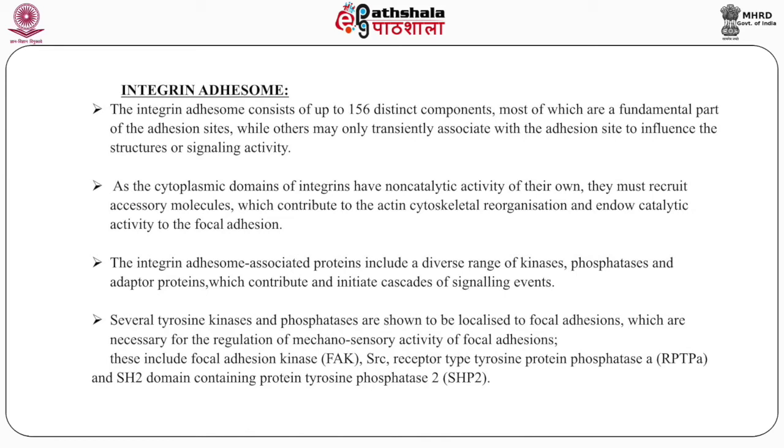The integrin adhesome associated proteins include a diverse range of kinases, phosphatases and adapter proteins which contribute and initiate cascades of signaling events. Several tyrosine kinases and phosphatases are shown to be localized to focal adhesions, which are necessary for the regulation of mechanosensory activity of focal adhesions.